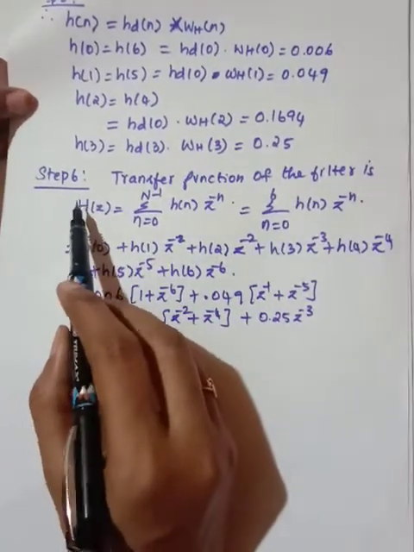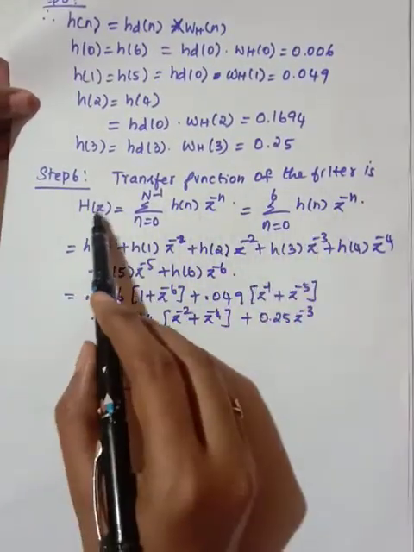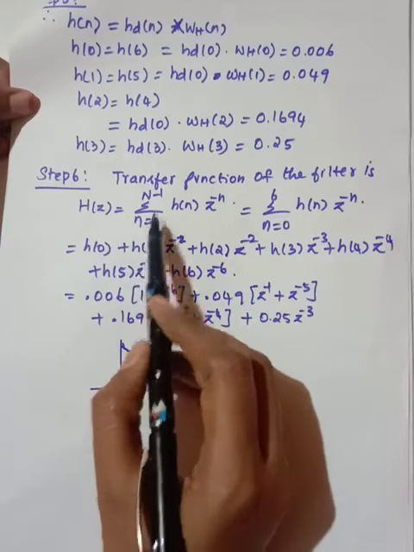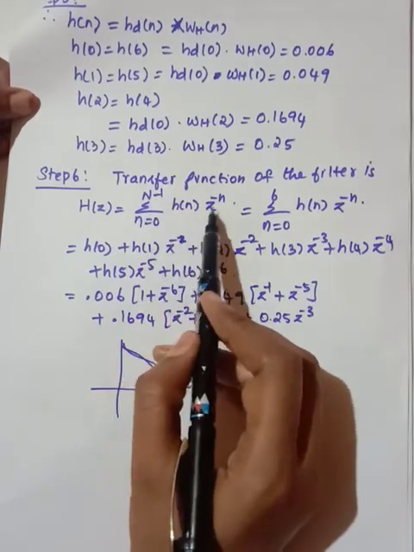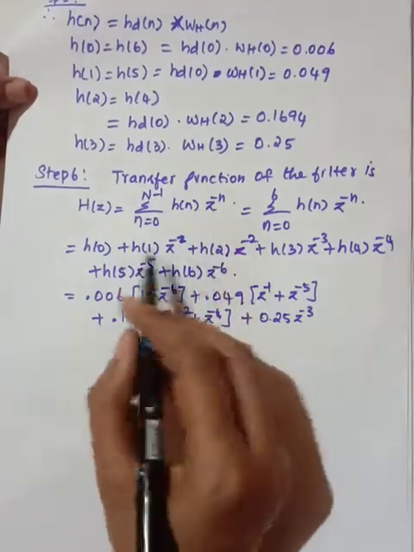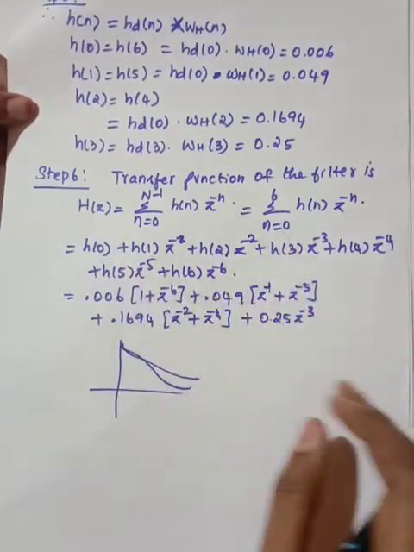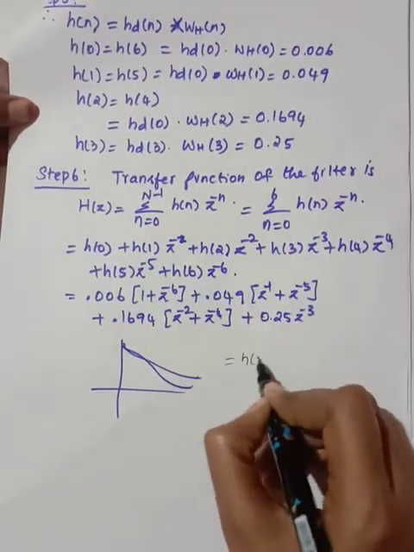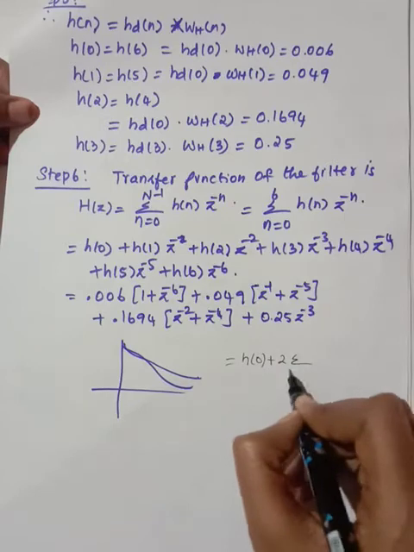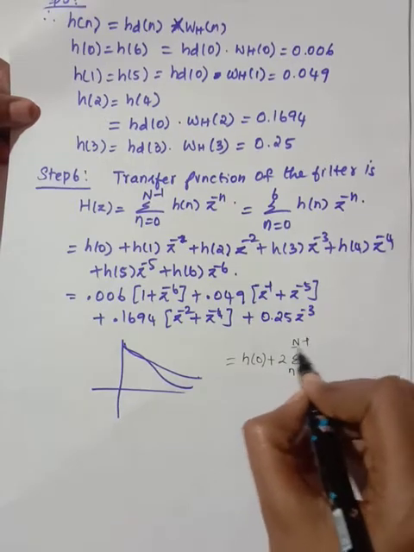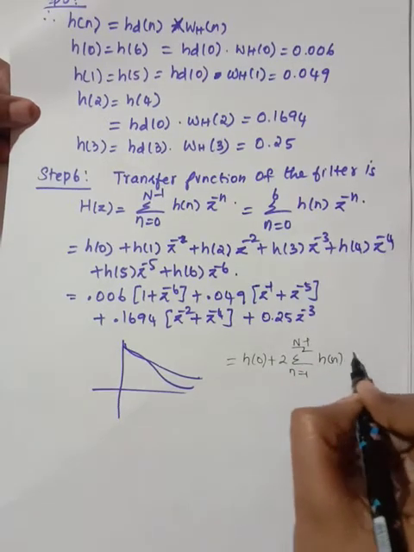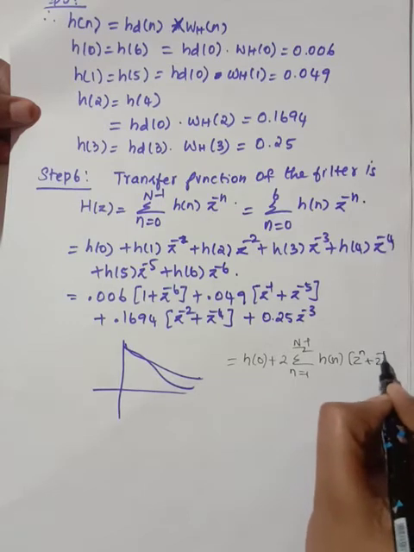So the final step is to find the transfer function of the filter, that is h of z is equal to summation n is equal to 0 to n minus 1 h of n z power minus n. So here I am expanding this. Previously we had h of 0 plus 2 into summation n is equal to 1 to n minus 1 by 2 h of n into z power n plus z power minus n, right?